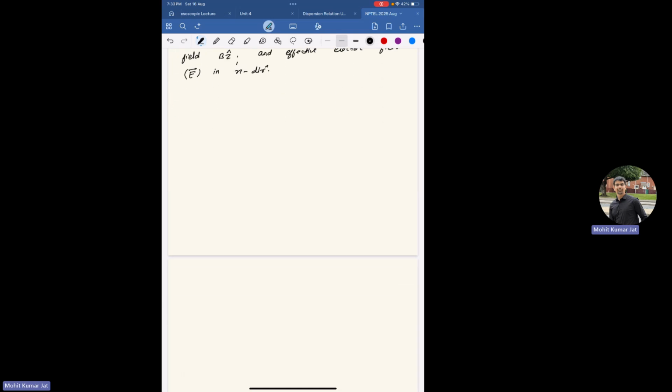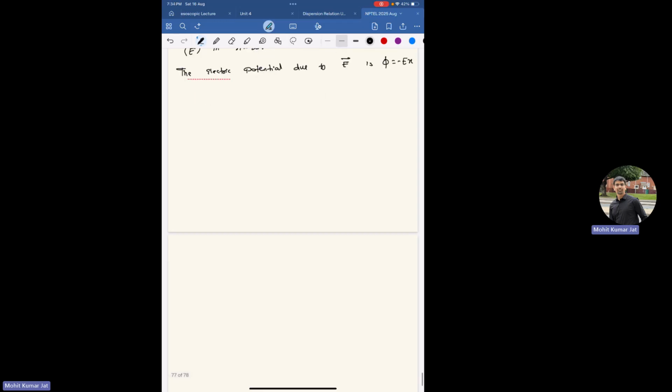The electrical potential due to this electric field is phi equals minus E times x, and if you multiply it with the electronic charge minus e, the potential energy will be capital E times x.